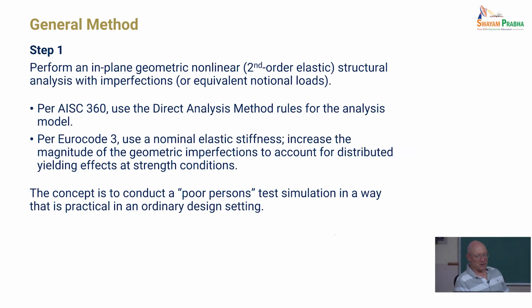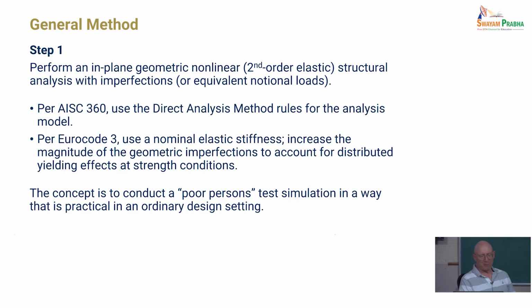Now, per AISC 360, they say that means use the direct analysis method rules for the analysis model. And so the mantra there is a 0.8 stiffness reduction on all elastic stiffness contributions, and if it's a frame, out of plumbness of 1 in 500. That's the maximum erection tolerance on out of plumbness in a frame.